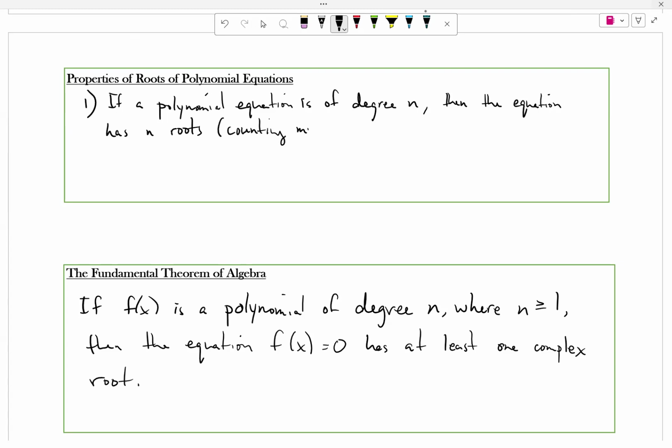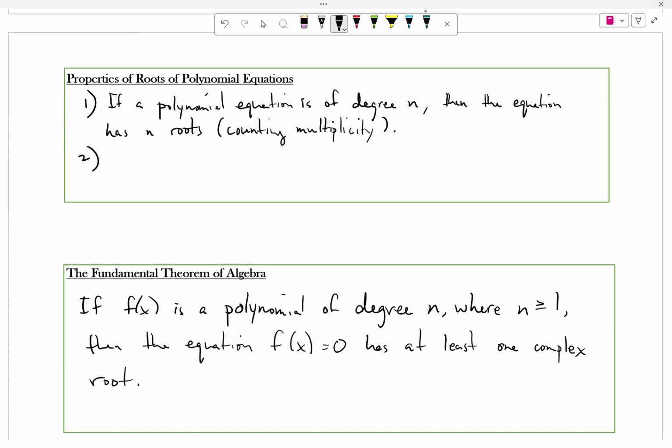I don't do multiplicity. This is the important one. I refer to this quite often. In other words, a cubic polynomial equation will have 3 roots. And they could all be the same. It could have multiplicity of 3, but it will have 3.